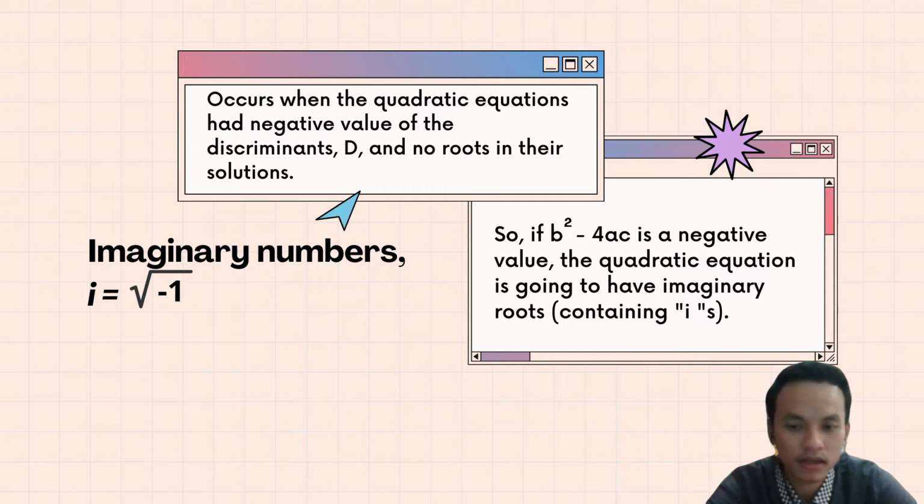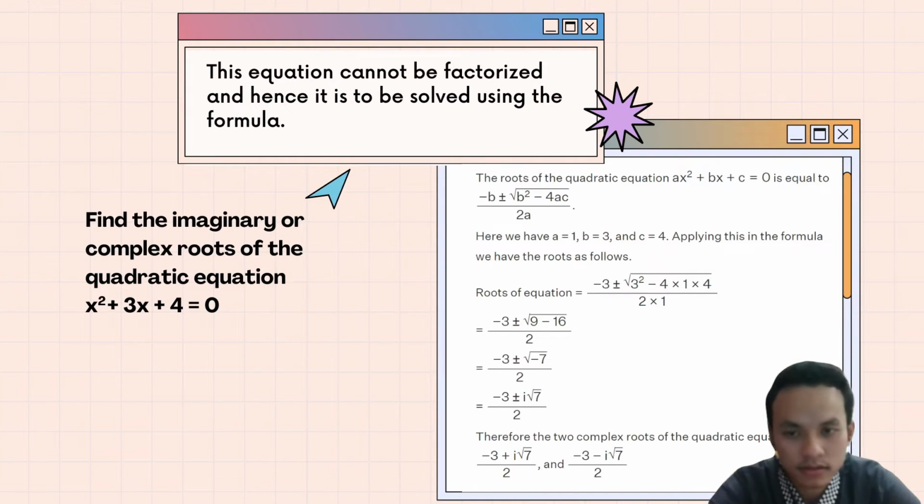So next, this is an example to find the imaginary or complex roots of the equation x squared plus 3x plus 4 equals to 0. This quadratic equation is not factorable.